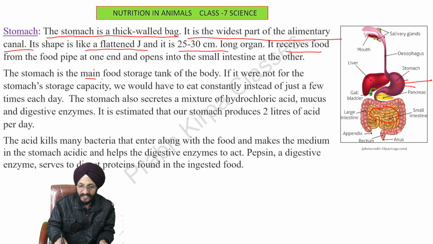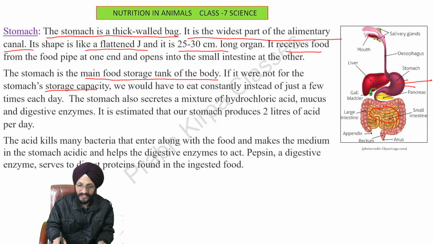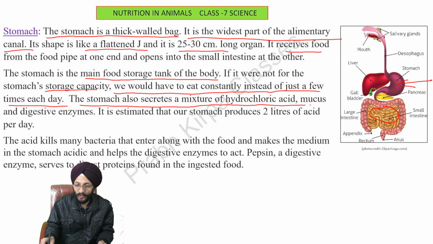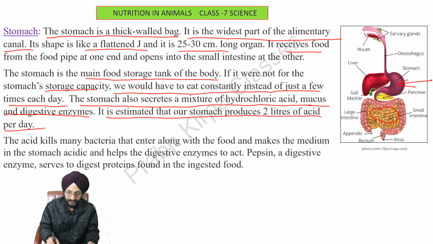The stomach is the main food storage tank of the body. If it were not for the stomach's storage capacity, we would have to eat constantly instead of just a few times each day. The stomach also secretes a mixture of hydrochloric acid, mucus, and digestive enzymes. It is estimated that our stomach produces 2 liters of acid per day.